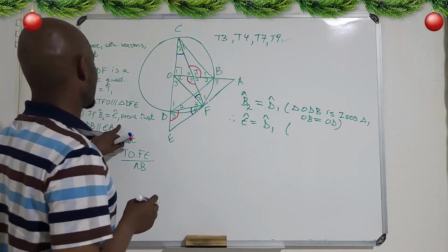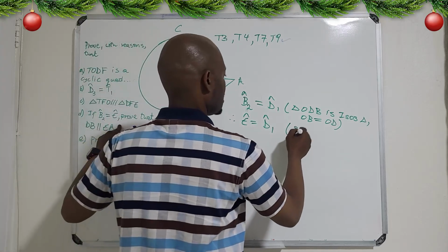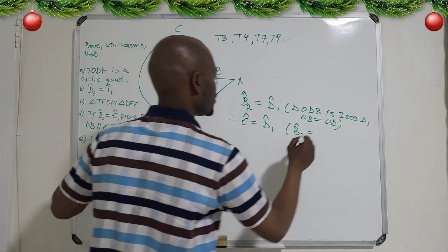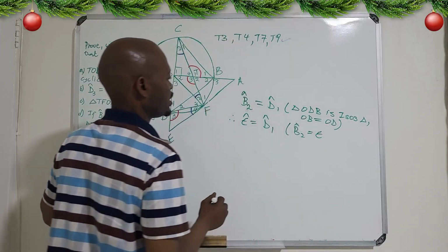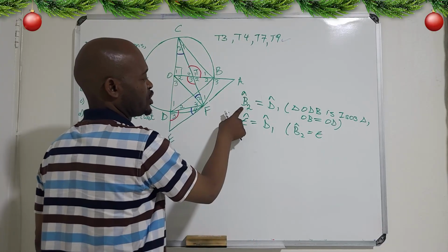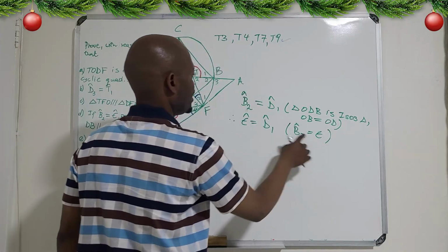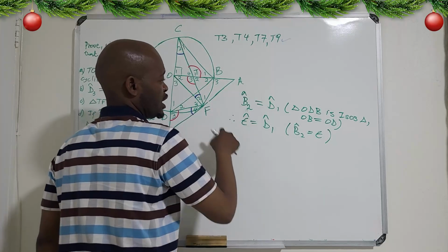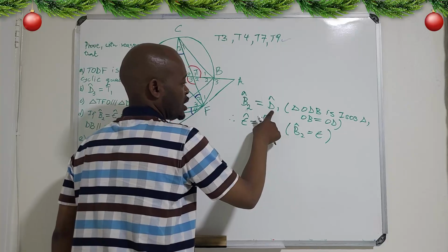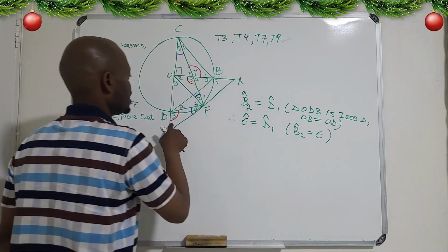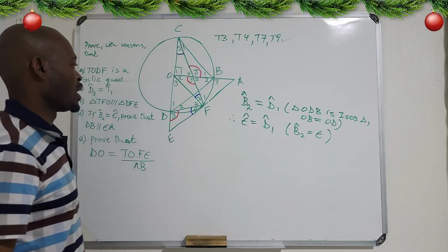It is because we were told that angle B2 is equal to angle E. Since angle B2 is equal to angle E and angle B2 is equal to angle D1, therefore it means that angle E is equal to angle D1.